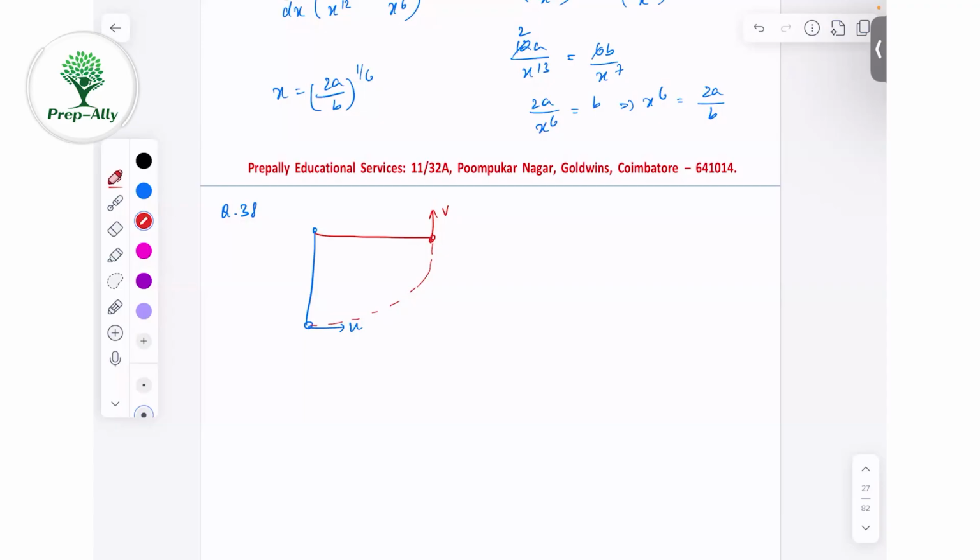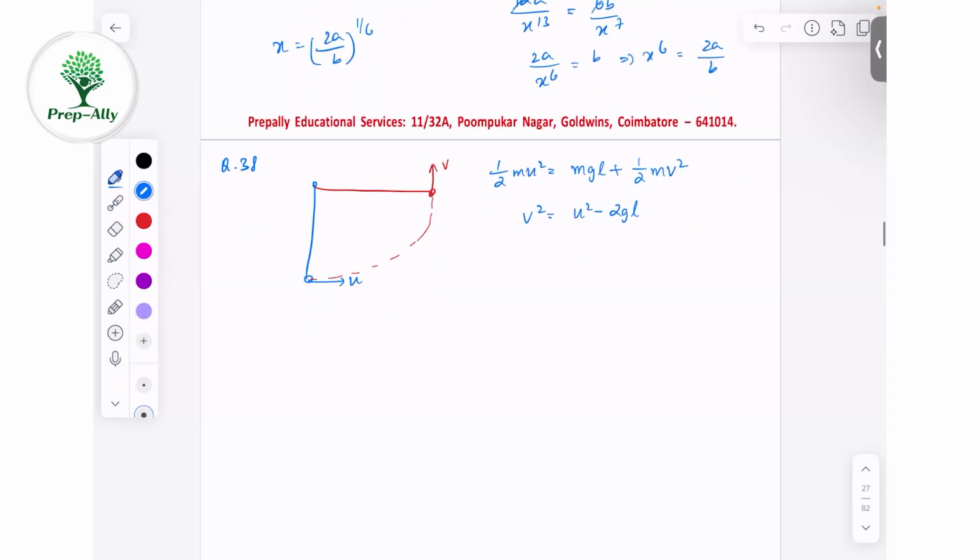So if you see here from the conservation of energy, we can say that initial kinetic energy is used up to increase the potential energy and the remaining is kinetic energy at that point. So we then get V square is U square minus 2GL. Leave it at that. Now the final velocity vector is going to be this Vj cap. Initial velocity vector is Ui cap. So we want the change in velocity, which is the final velocity minus the initial velocity.